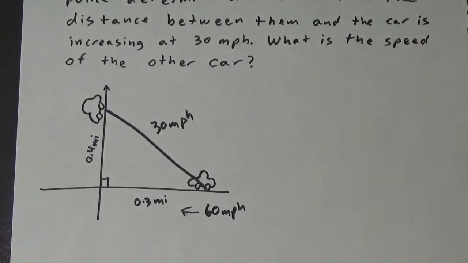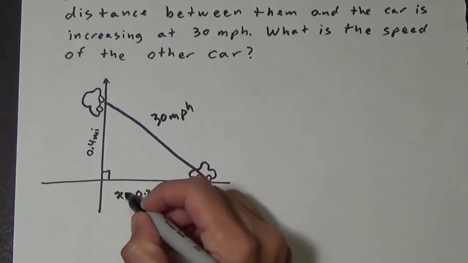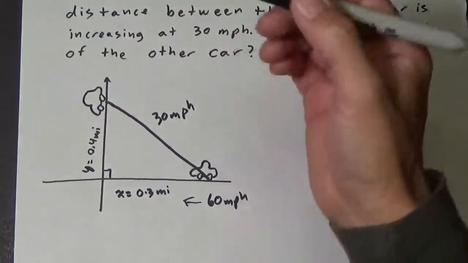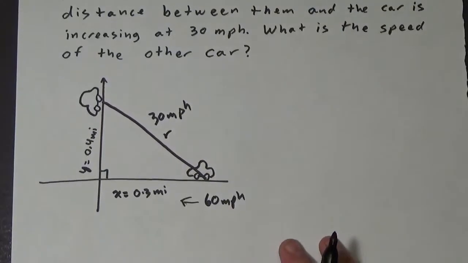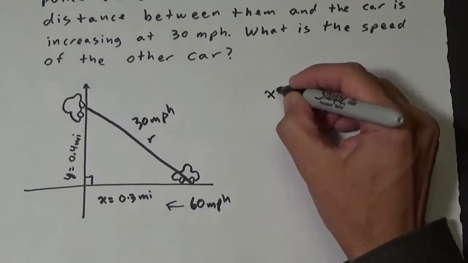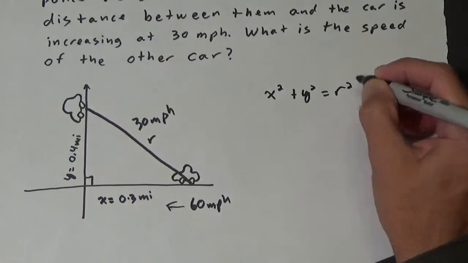Calling this x, this y, and this r, the Pythagorean theorem would be a good choice. So let's write x squared plus y squared equals r squared.